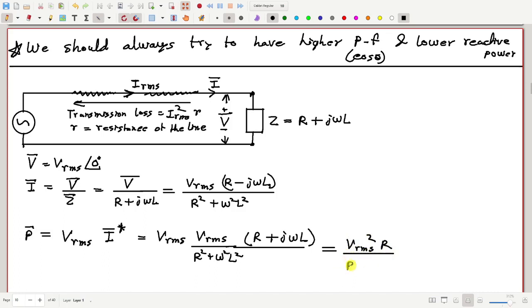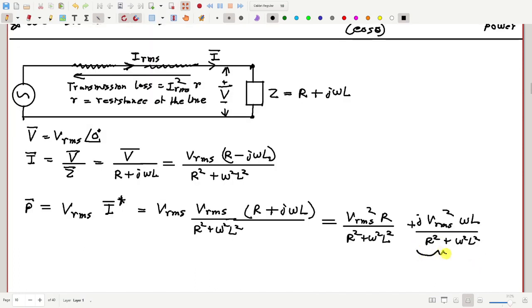Please check my calculations, I am doing it very hurriedly here. So this is the reactive power, and this part is positive reactive power.